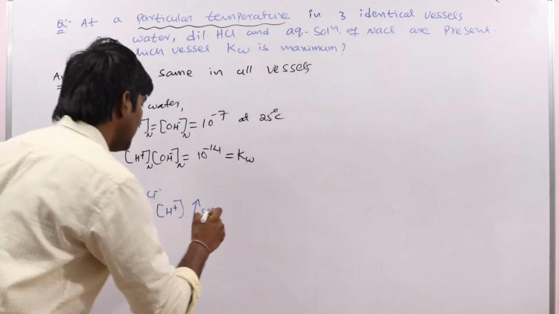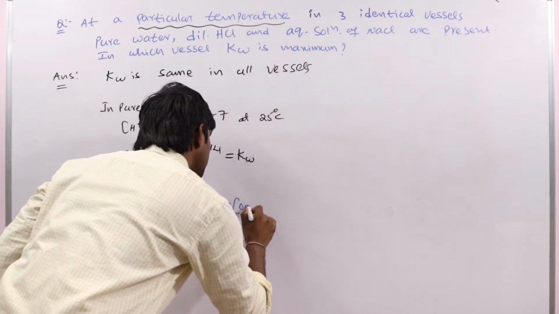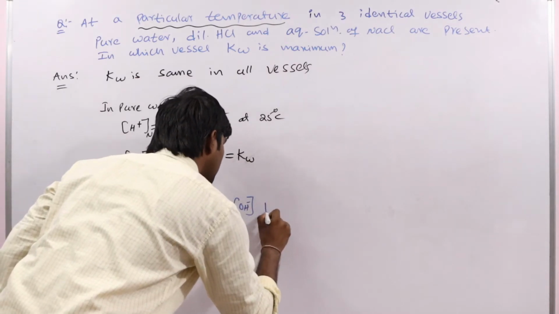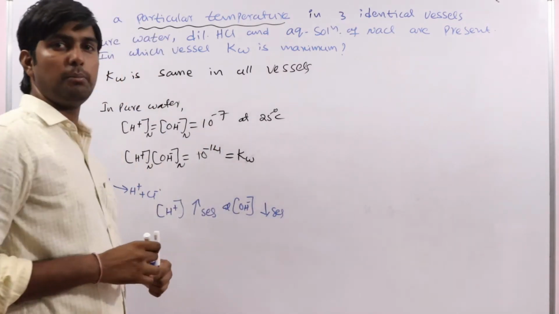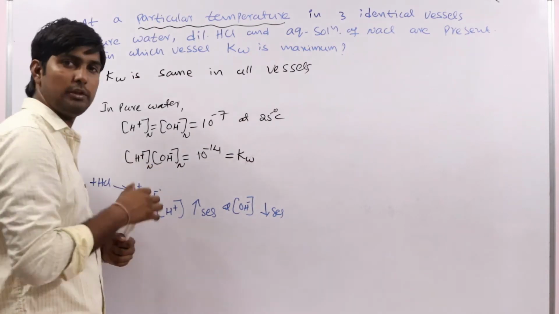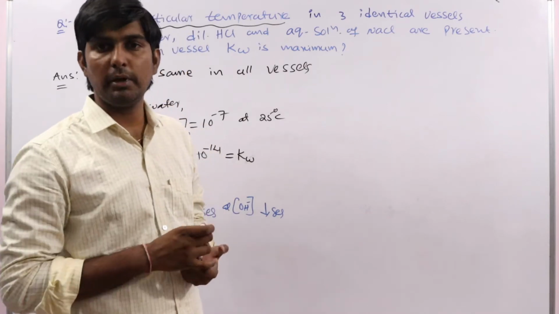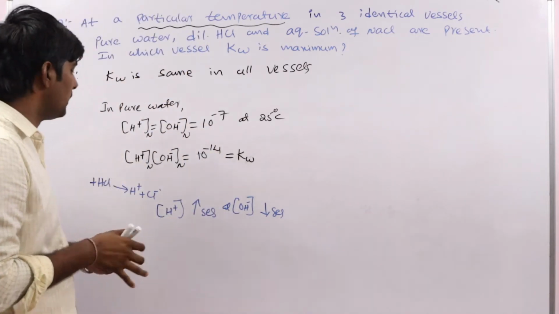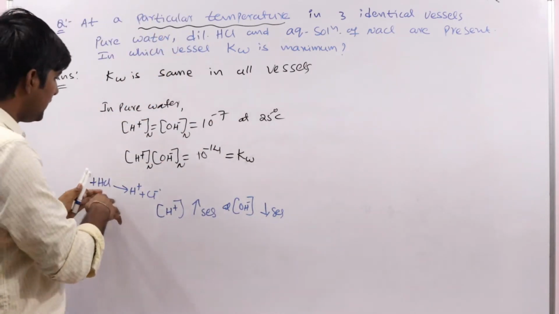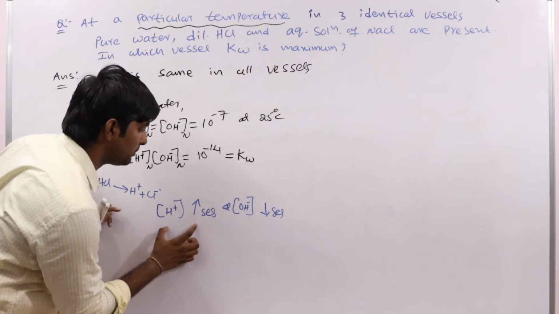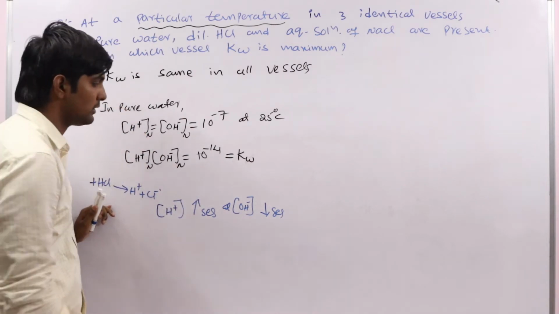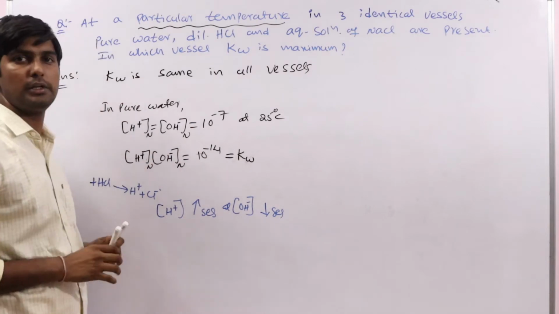At the same time, OH minus ion concentration decreases, because some of the H plus ions react with OH minus ions. So OH minus ions are neutralized by the H plus ions. Whenever acid is added, H plus ion concentration increases and OH minus ion concentration decreases.